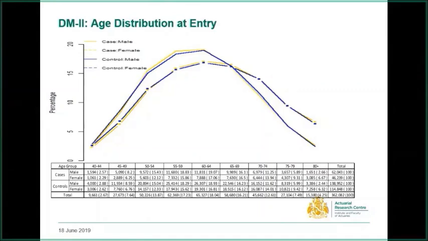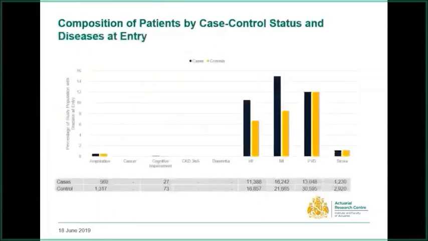We can see that most males are diagnosed with diabetes mellitus 2 between the ages of 55 and 64 years, while females are diagnosed a bit later, between the ages of 60 and 69 years. Because we left some patients with conditions that are of interest in our study, we also have less severe heart failure, myocardial infarction, PVD, stroke, amputation and cognitive impairment.